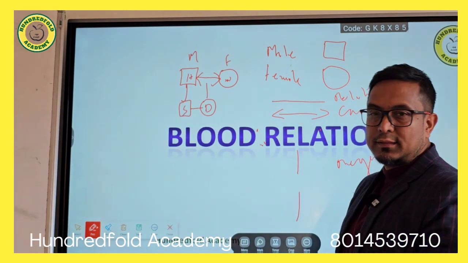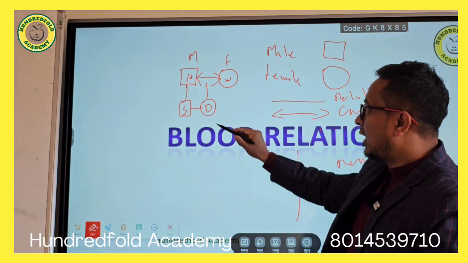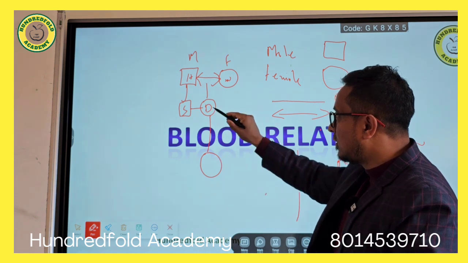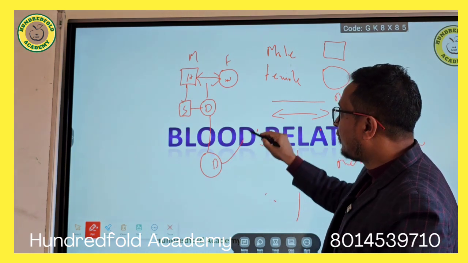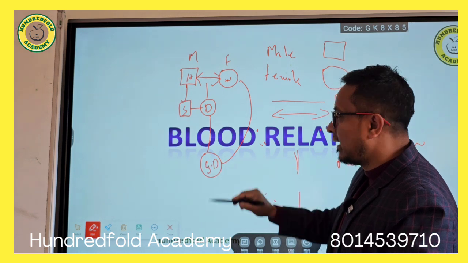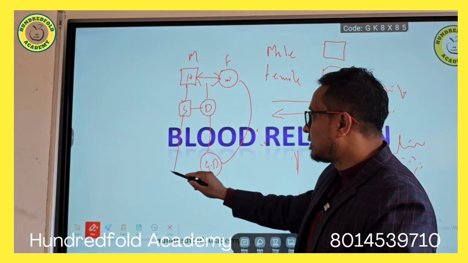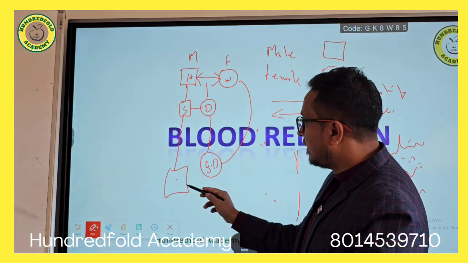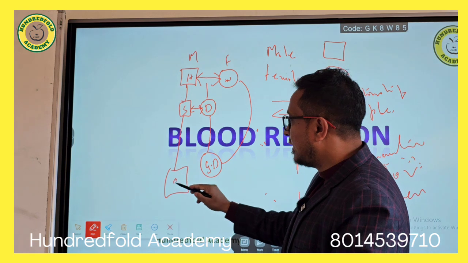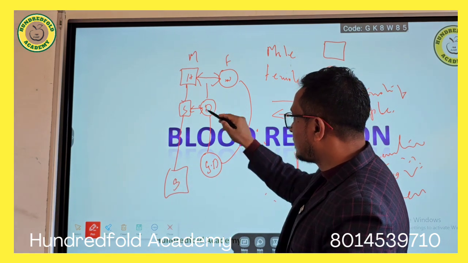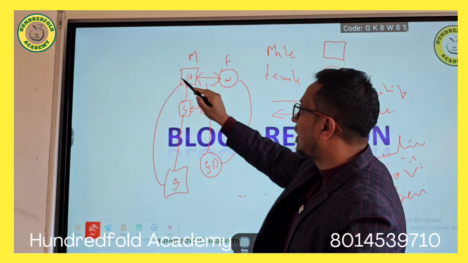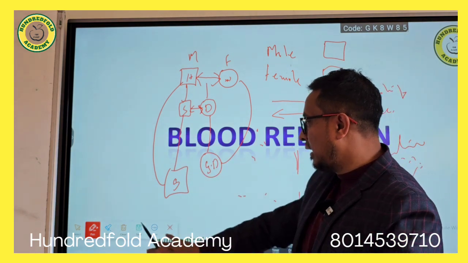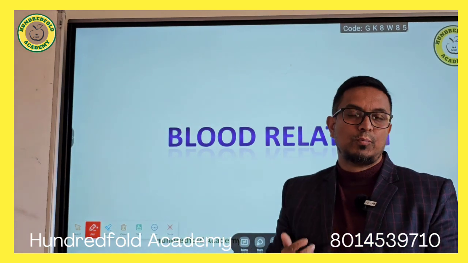So they are brother and sister. For the grandparents, she becomes a granddaughter, and likewise a square would be a grandson. So this is basically how you do blood relation.